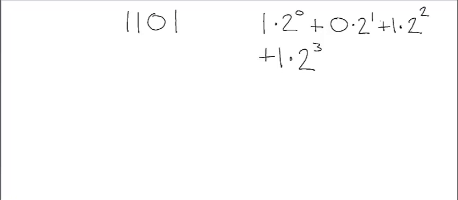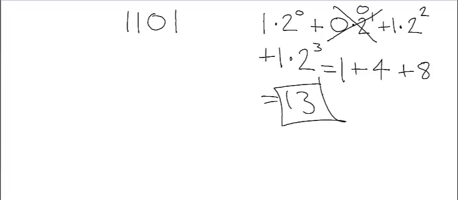Okay? Now we can cross this out because it's just going to be 0. 0 times 2 to the power 1 is 0. 2 to the power 0 is 1. 1 times 1 is 1. So this is going to be 1 plus 2 to the power 2 is 4. 4 times 1 is 4. 2 to the power 3 is 8. 8 times 1 is 8. So 8 plus 4 is 12. 12 plus 1 is 13.